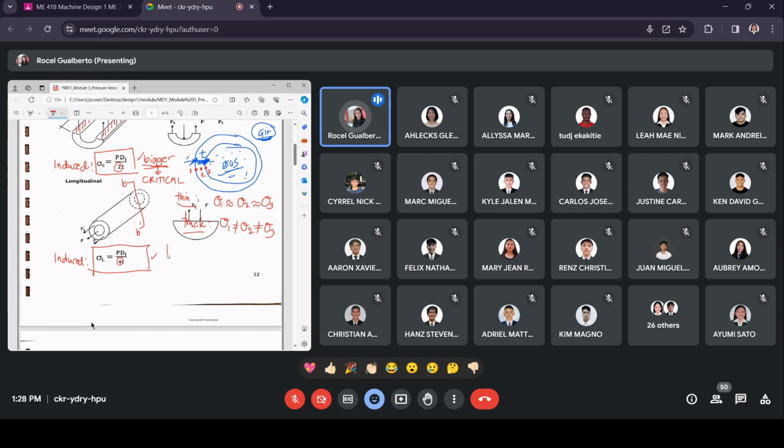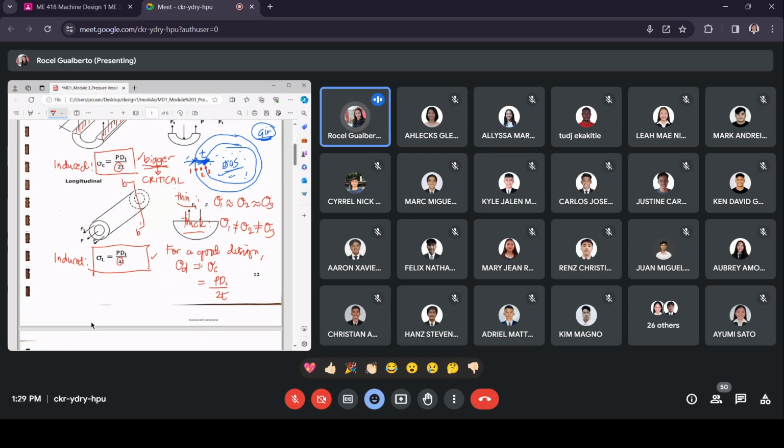So what will you do now? For a good design, you equate the design stress to the induced stress of the material. The design stress sigma D is equated to your critical stress, which would be the circumferential, PD divided by 2T.